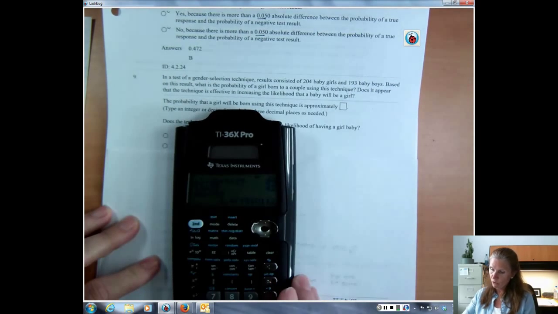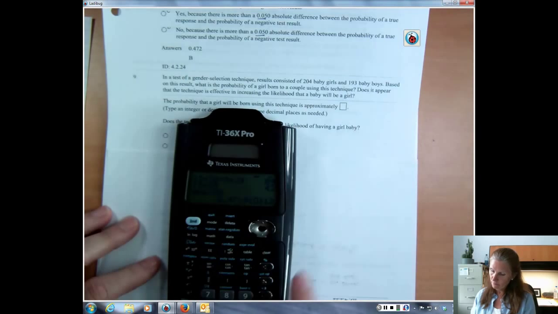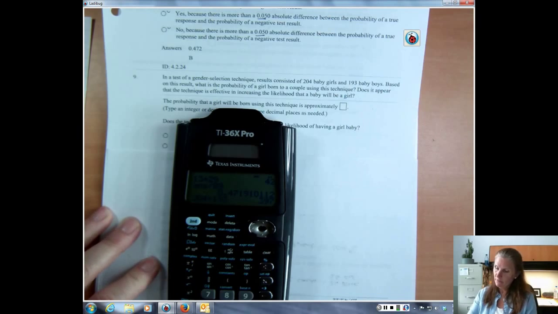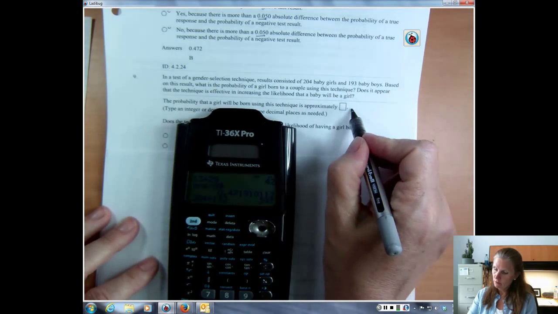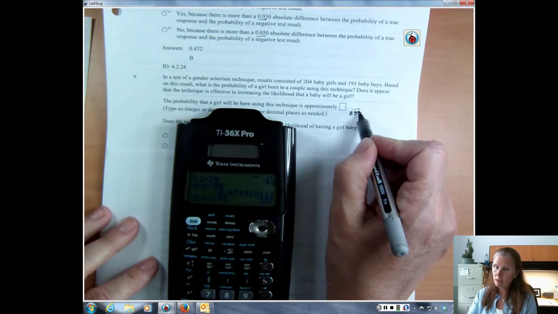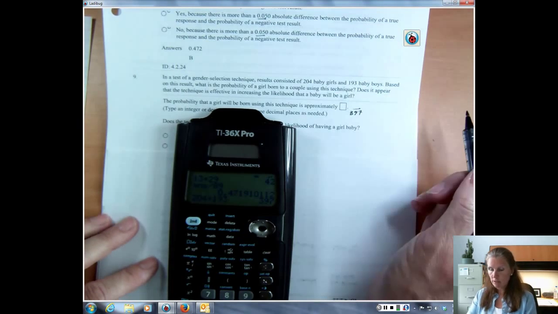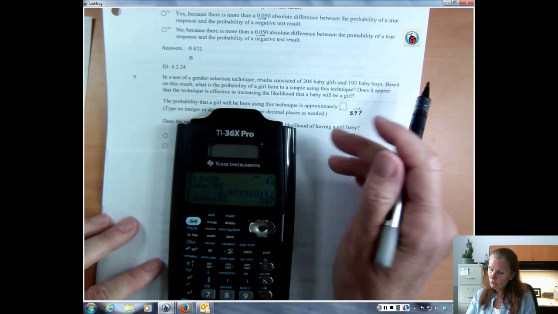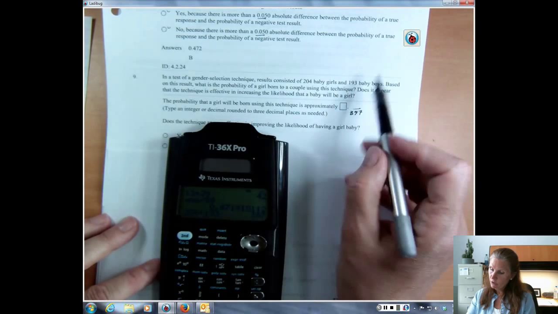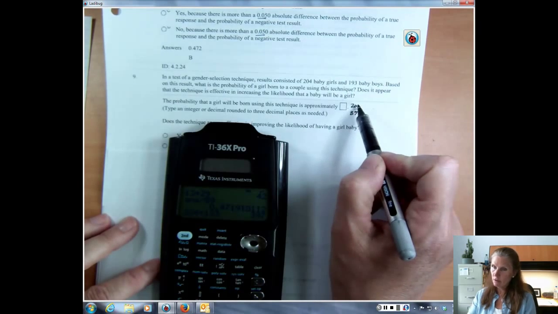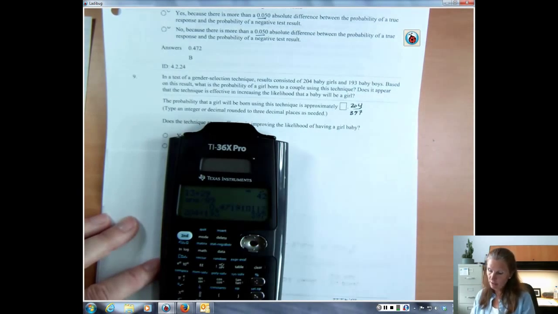You see how there's more girls than boys. So that's good news if you're trying to have more girls, I guess. 397 total. We would expect a 50% birth rate. So we're going to look at the girls: 204 divided by 397.